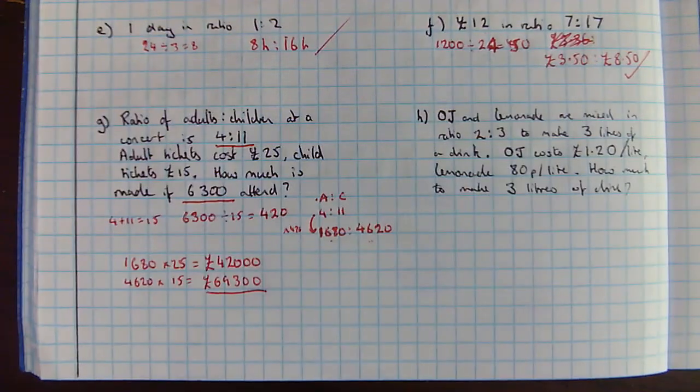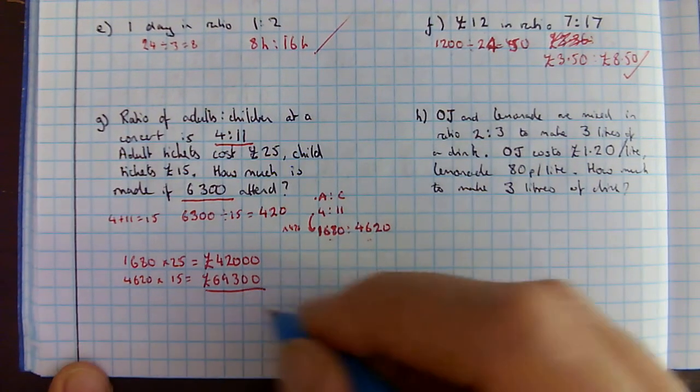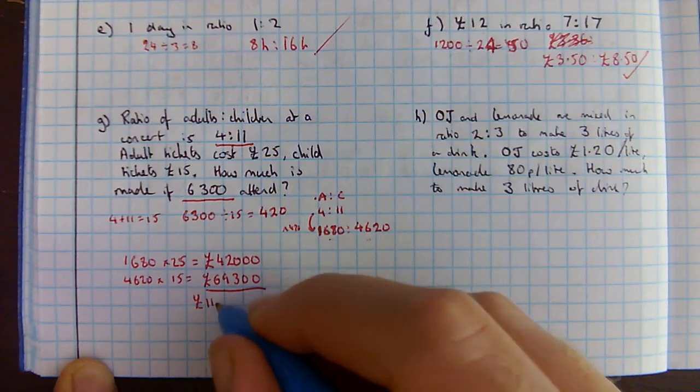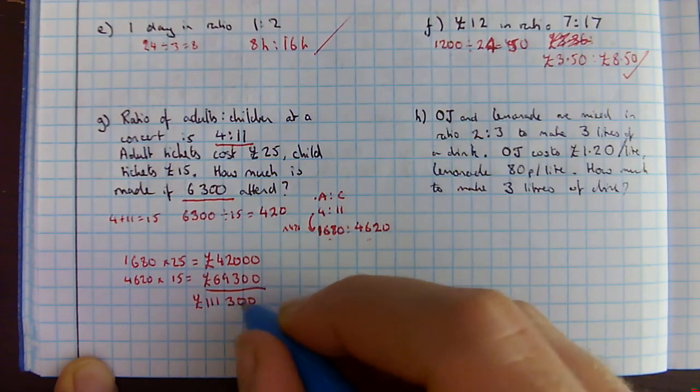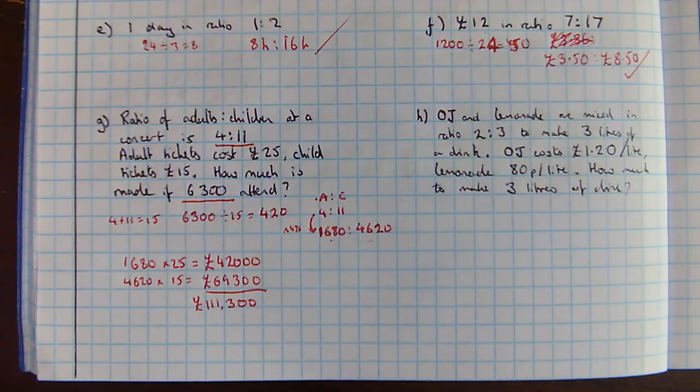Add them together, gives me my total amount of money from the concert, and the total amount of money from the concert gives me an answer of £111,300. Now, on a GCSE question, that would probably be worth either 4 or 5 marks, so really worth making sure that you understand each step in the calculation.